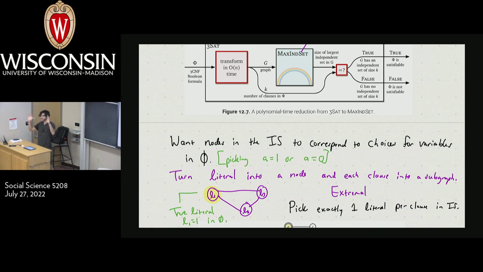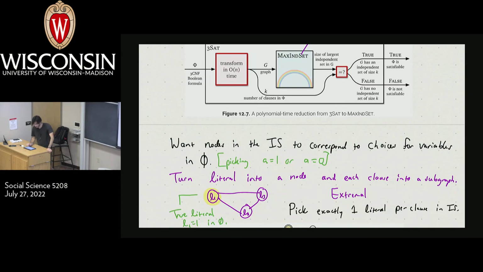We're not literally doing this, but this is what you want to think about: somehow we're converting a solution, an independent set in our new graph, into an assignment to the original phi. So now we have a gadget for each clause. This is going to be our clause gadget.